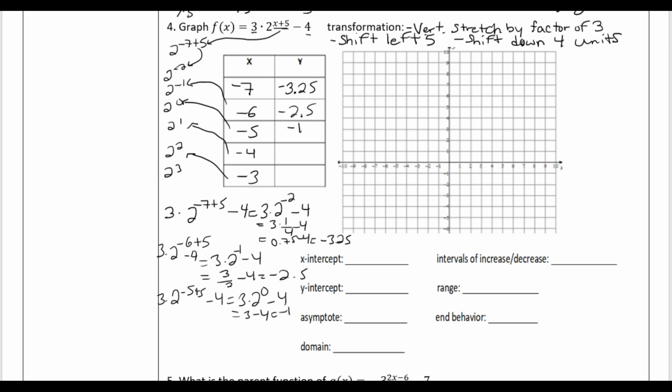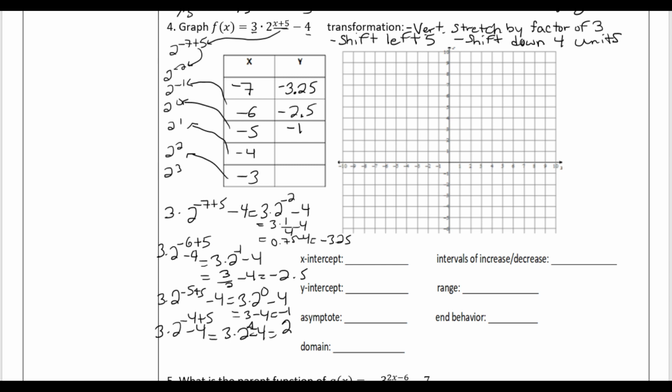Now we're going to look at negative 4. 3 times 2 to the negative 4 plus 5, so we got 3 times 2 to the 1. 3 times 2 is 6. Oh, and I forgot to do minus 4. So minus 4 will give us 2.